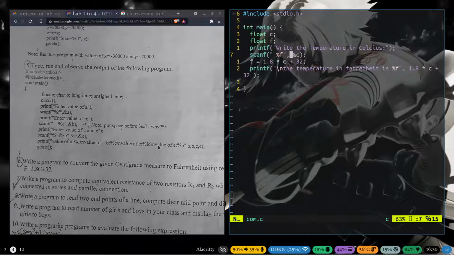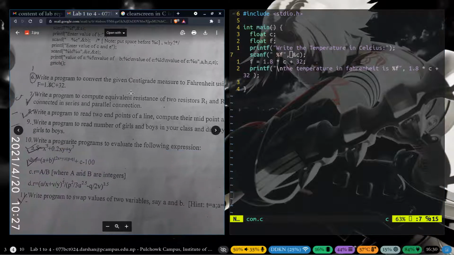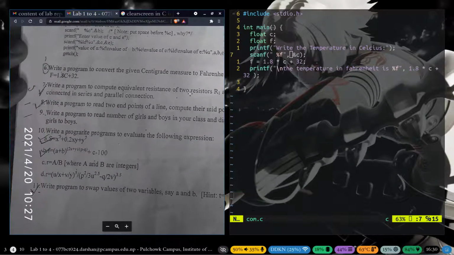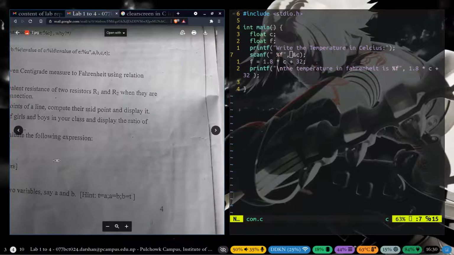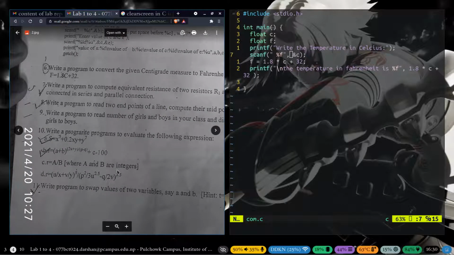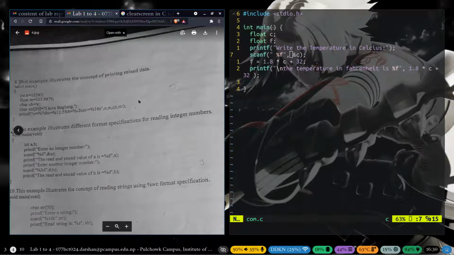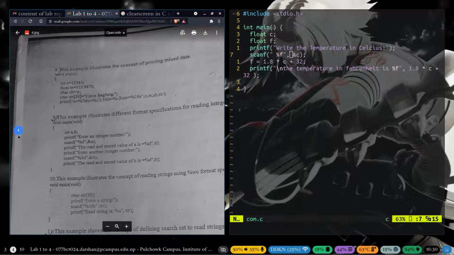Oh shit, I cannot figure this out. Oh man, what kind of thing is this? Merely a simple program. How many programs are there? This much.